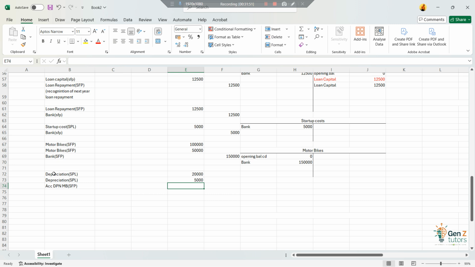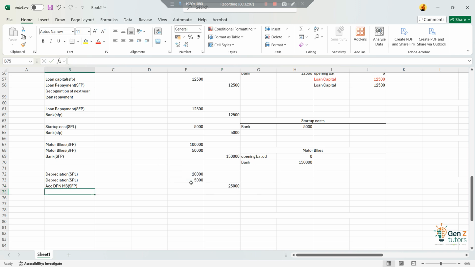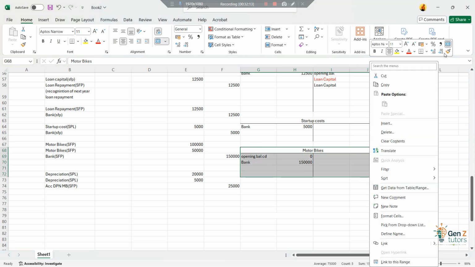And then from that point, we can say accumulated depreciation motorbikes. We'll just abbreviate it to this. And remember, this is a negative asset that we have in the company, and it has a balance on the credit side. This goes into the SFP since it's an asset.